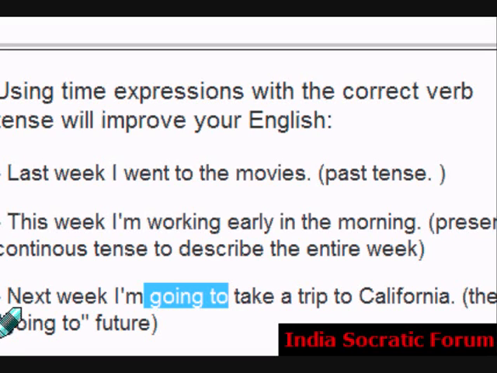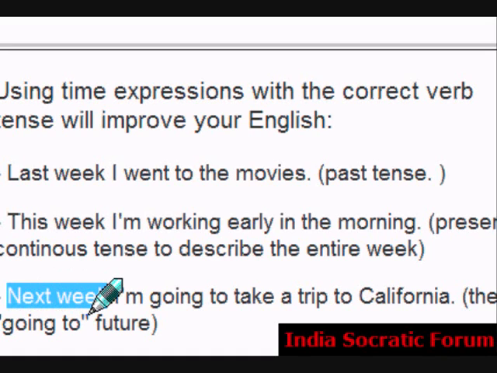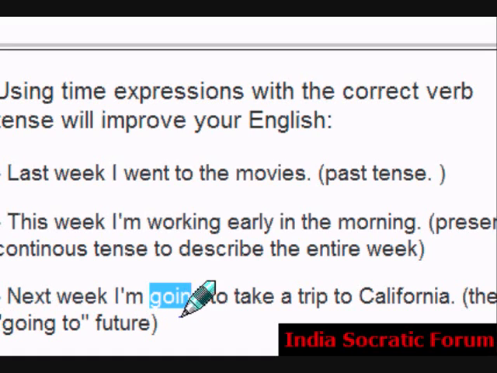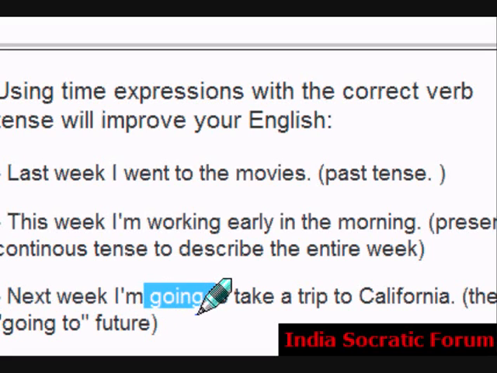The going to is the future tense. Because next week is a future time expression, we use going to. I am going to take a trip to Chennai. Okay, this is how you use the time expression and the appropriate verbs.